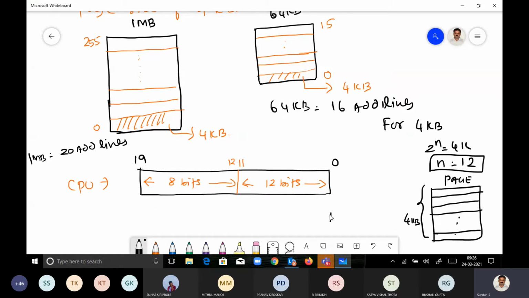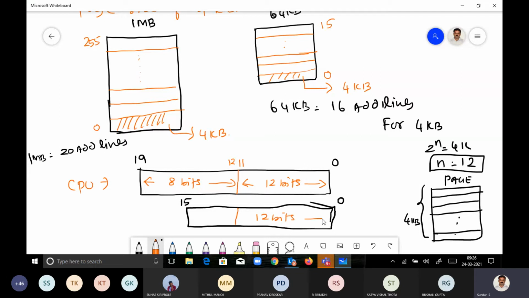What is called main memory. Main memory has 16 address lines, 0 to 15, and in this again we are using 12 bits because of the same page size. So this is the main memory, with bits 0 to 11 and 12 to 15.